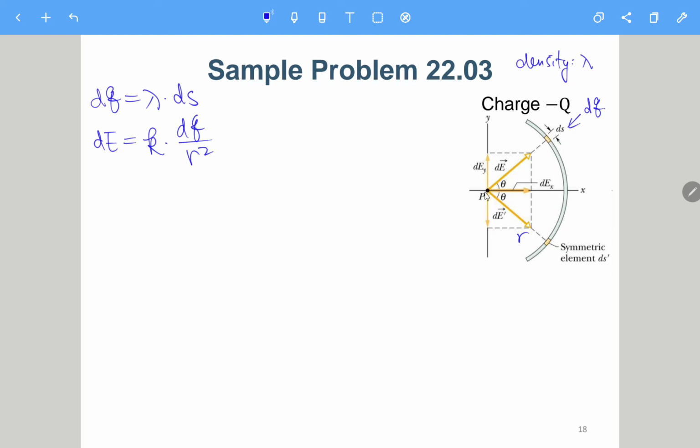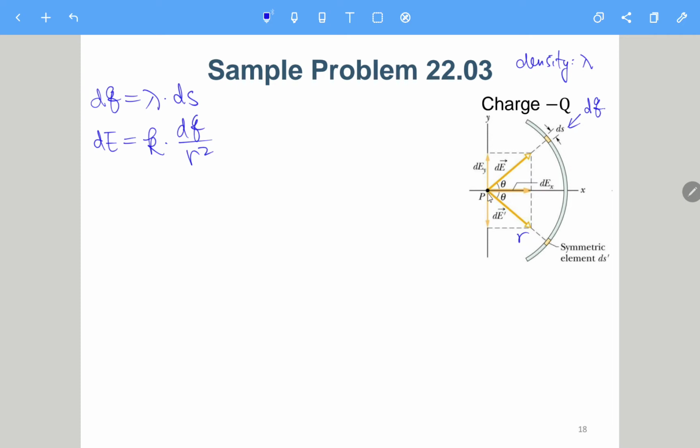Okay, so this is dE, and also we can still find this symmetric part right here, which is called ds prime. So ds prime will have the same amount of charge because the charge is uniformly distributed, and also this is an arc.